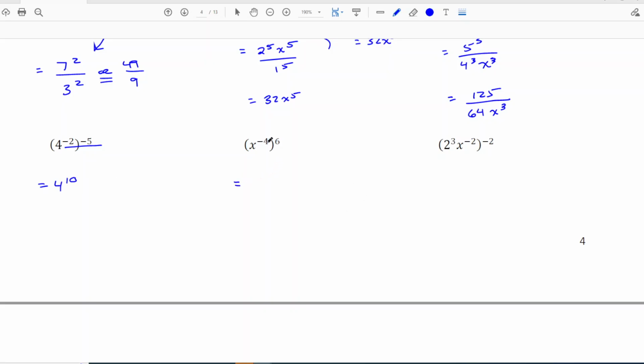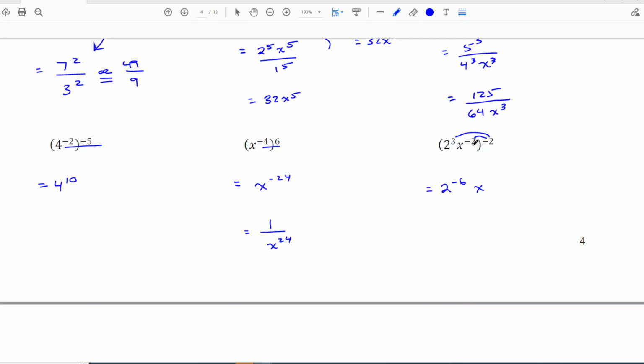This one, same thing. I'm not going to worry that this is negative. I'm just going to multiply my exponents to get x to the negative 24. And then because it came out negative, I'm going to move it to the bottom. Last question here. I'm going to distribute the negative exponent. Again, I'm not going to flip anything to get rid of it. I'm going to make this 2 to the 3 times negative 2, or 2 to the negative 6.